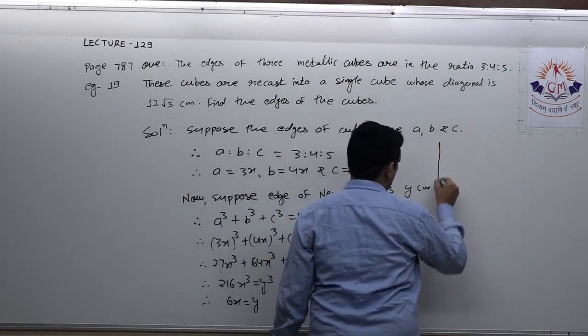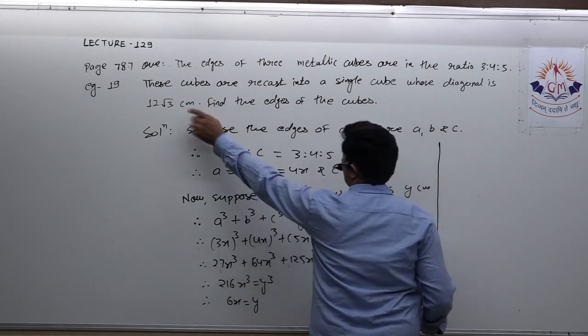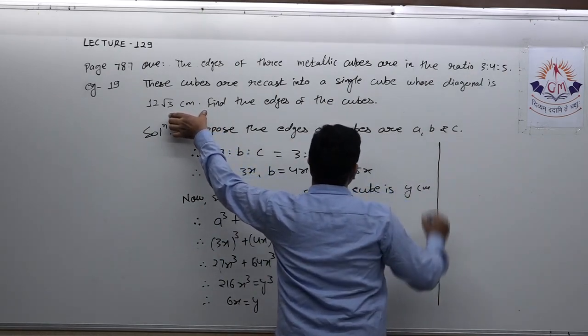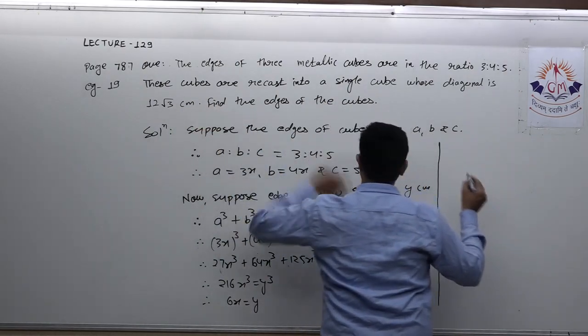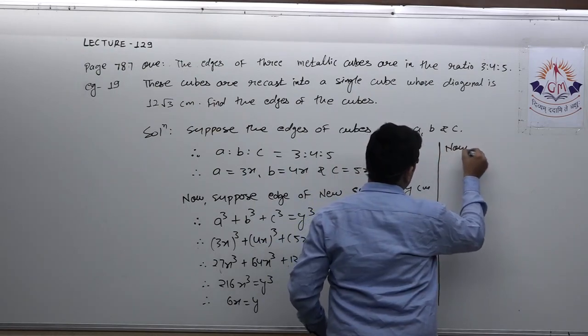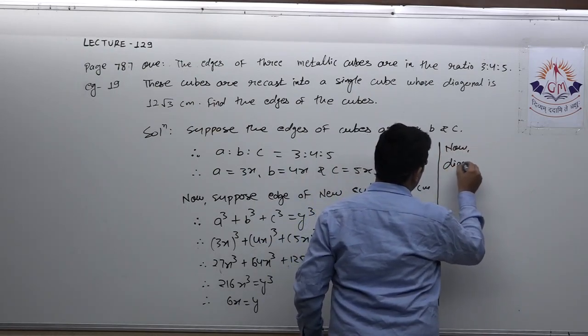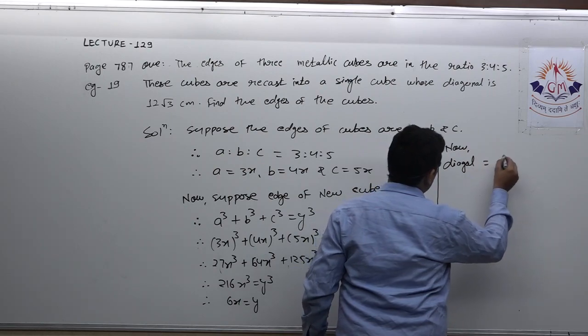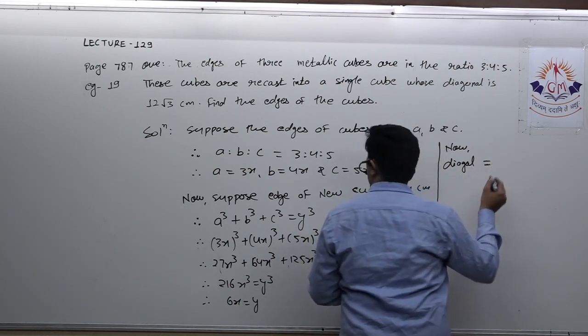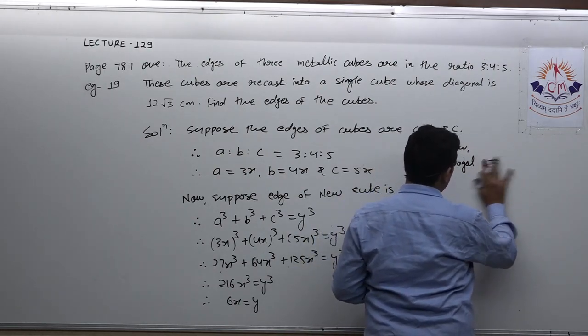Now, it is also given that diagonal of new cube is 12 root 3.